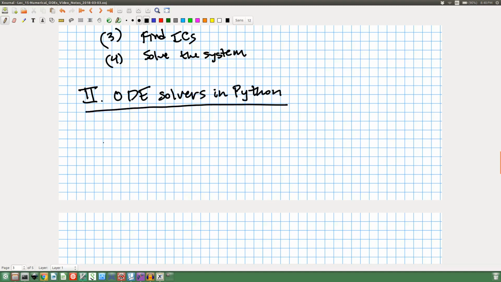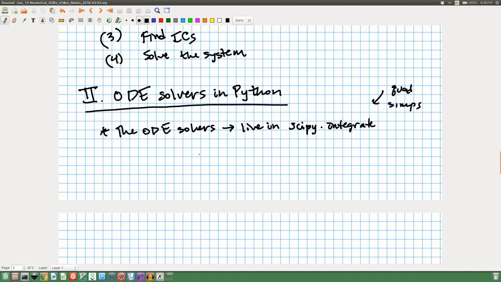The ODE solvers live in the same module as the integrate functions, in scipy.integrate. If you remember, this is where we had quad and simps. The one that we're going to use, that's the most useful to us, is called odeint.